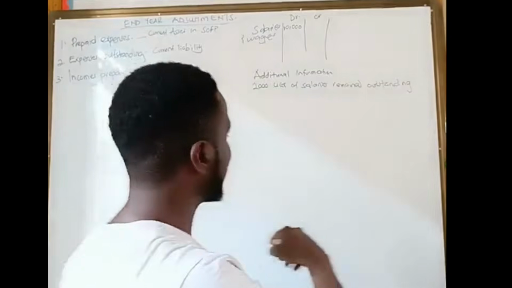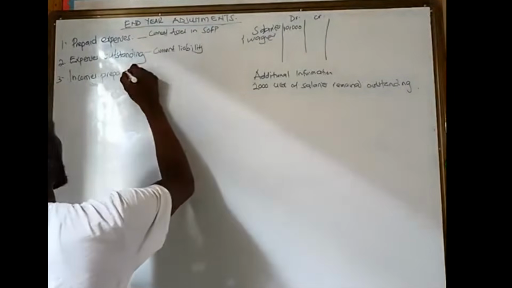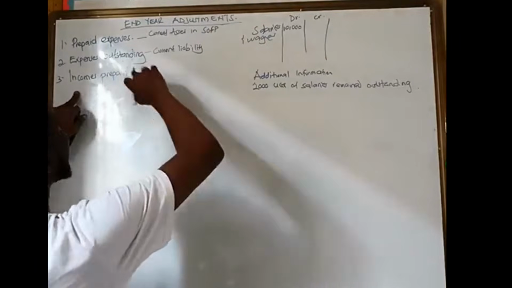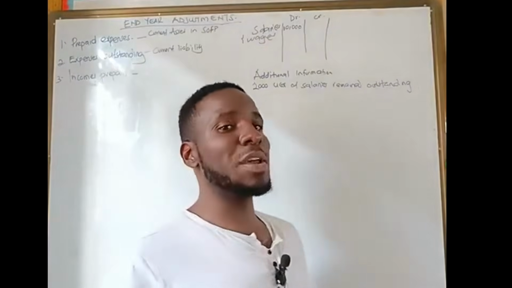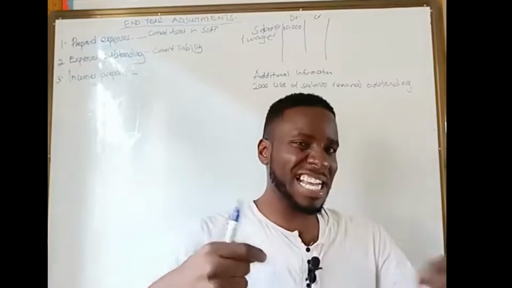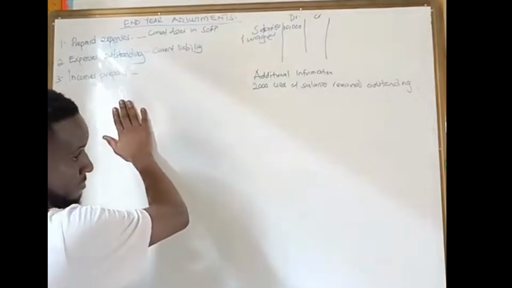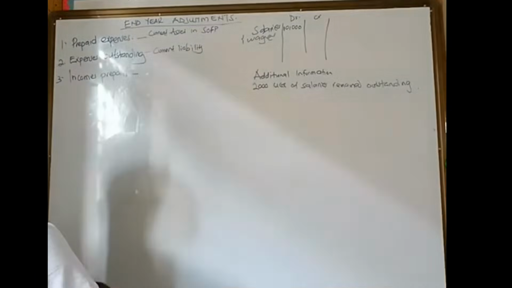So if it's incomes prepaid, we shall go to the statement of financial position under the incomes and subtract them off. Why? Because they have paid us that amount of money, but it has not been worked for.